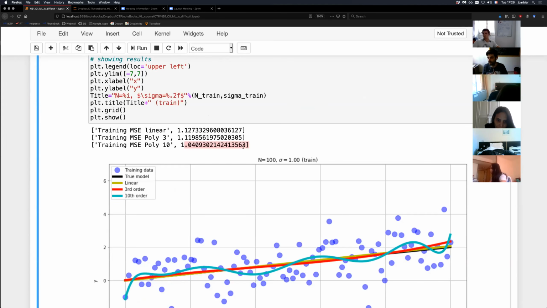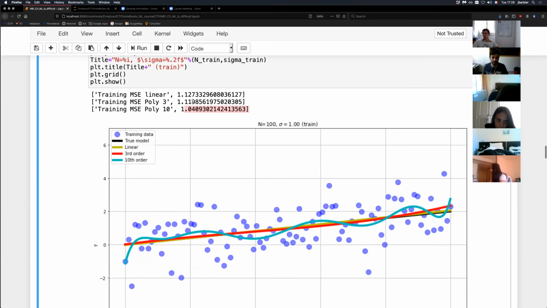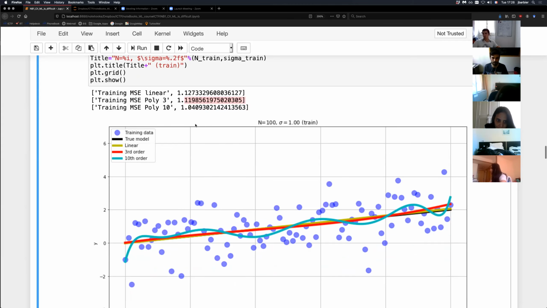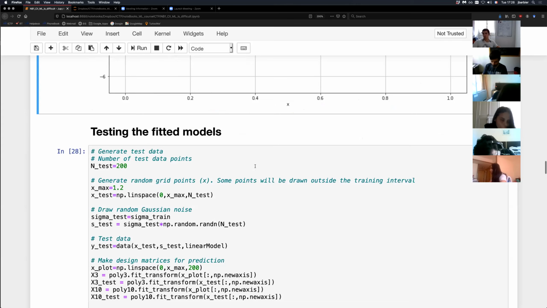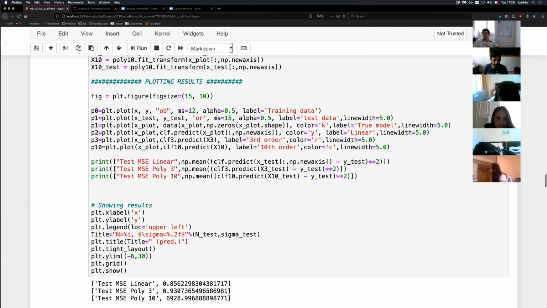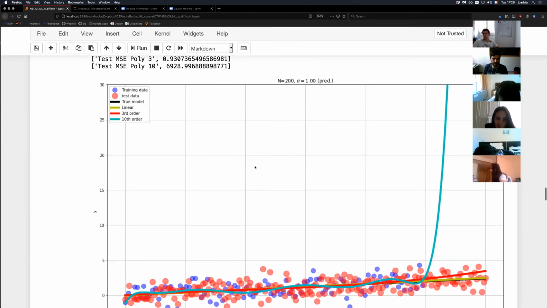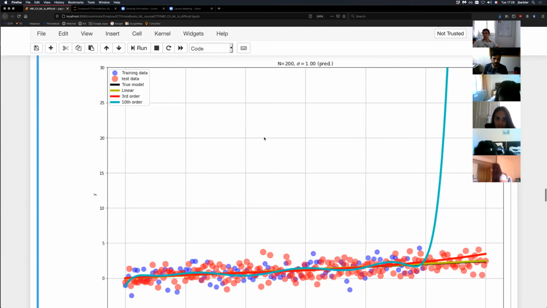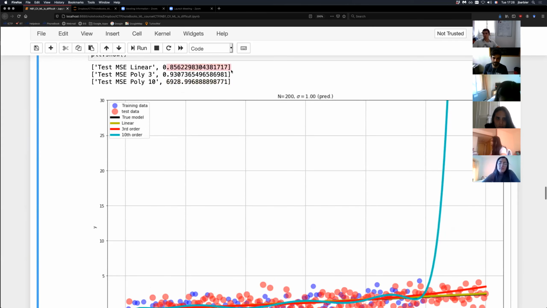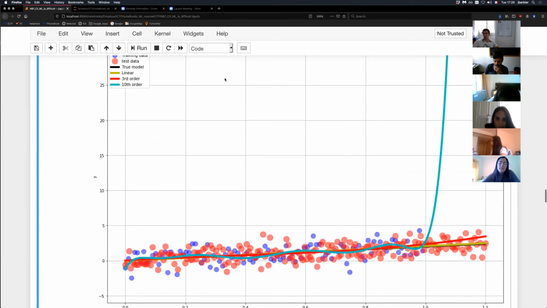You have more degrees of freedom. Okay, the training error seems the lowest for the 3rd order polynomial. Let's see what happens on the test data. Okay, again, the 10th order polynomial gives us complete noise. And the linear model is the best.